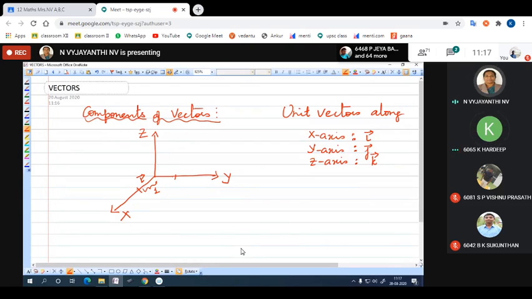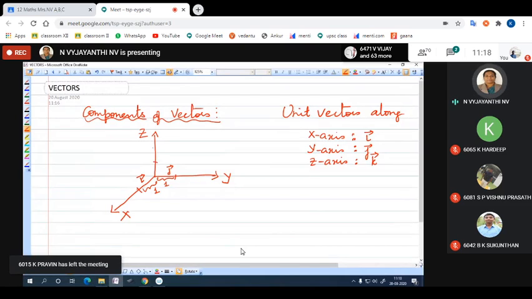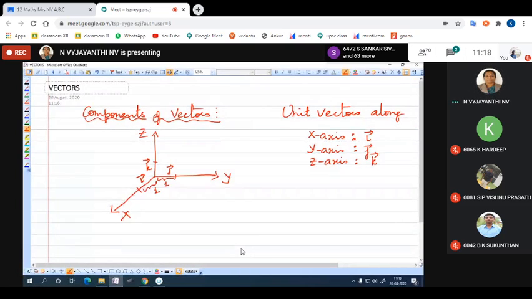Similarly, if you consider a unit vector in the direction of the y-axis, it will be called j vector. Similarly, in the direction of the z-axis, it will be k vector. So now you are thorough with the unit vectors along the x-axis, y-axis, and z-axis.